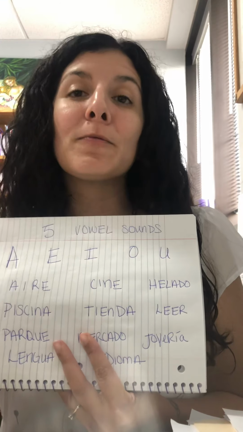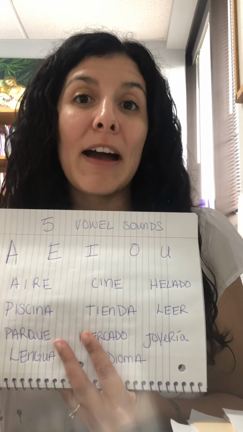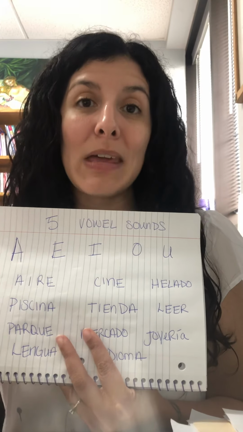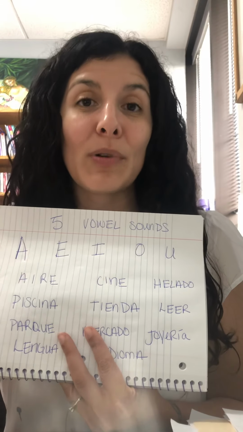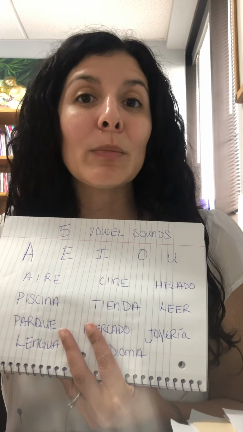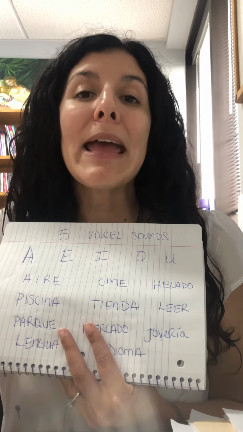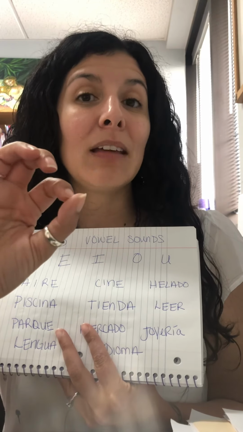Now in English, we have 14 different ways of pronouncing these 5 vowels, but in Spanish, there are 5 vowels, and each one has a pure pronunciation, which means that there's only one way to pronounce each vowel. One of the areas where people have fallen down a little bit in pronouncing Spanish is in leaving off things, which is something that we do in English all the time.